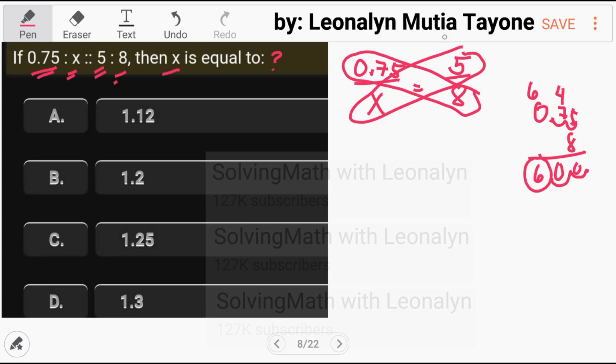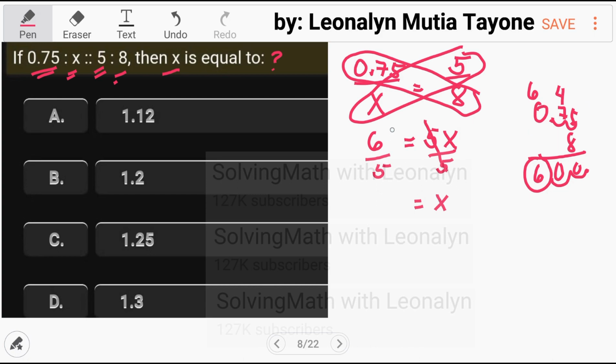So, therefore, ang sagot ay 6 dito sa kabila. Equals 5x. Para ma-isolate natin si x, dapat mag-divide tayo ng 5 to both sides para ma-cancel out si 5 dyan. Si x na lang ang matitira niyan.